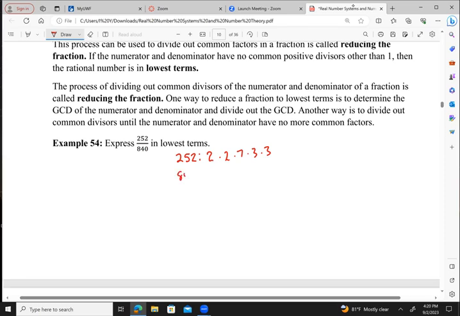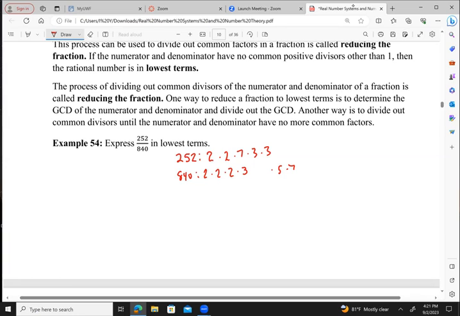Looking at 840, again, I can factor out a 2, leaving 420, another 2, leaving 210, another 2, leaving 105. 1 plus 5 is 6, so 105 is divisible by 3, and that's 35. And then 35 is 5 times 7.